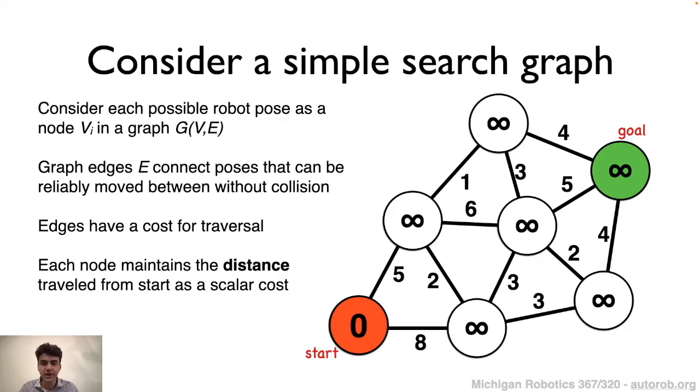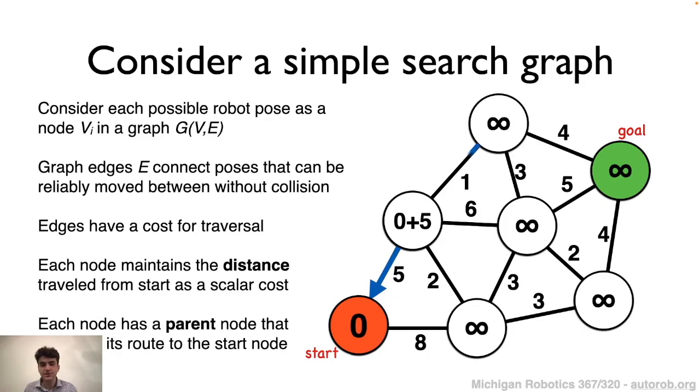You can see initially the start node, of course, has zero cost associated with it, since there's no distance that the robot needs to travel to go from the start node to the start node, whereas all of the other nodes within the graph, which have not yet been operated on by any particular search algorithm, start with this term of infinite cost.